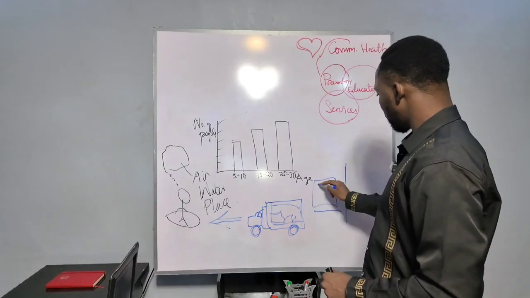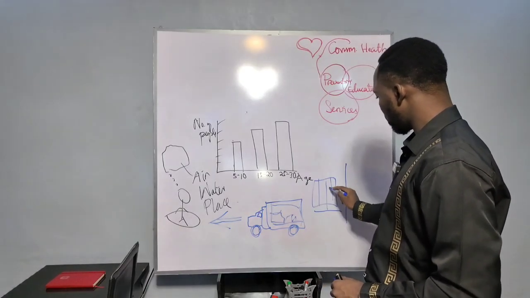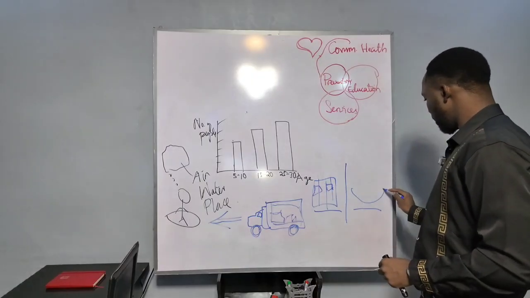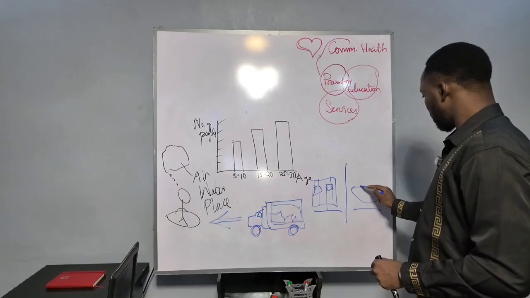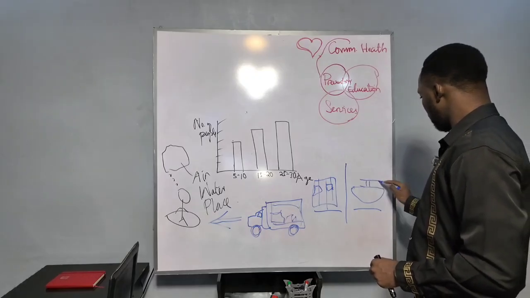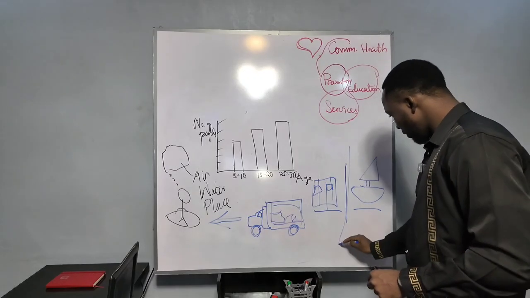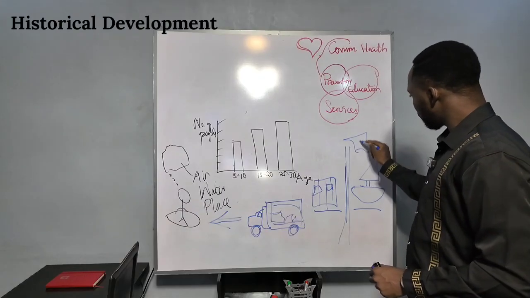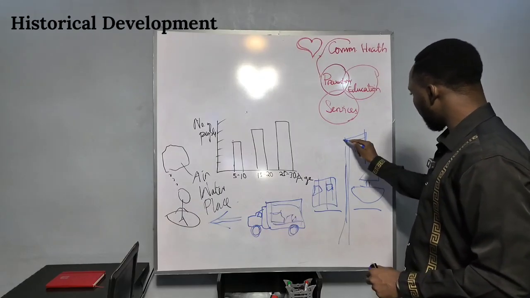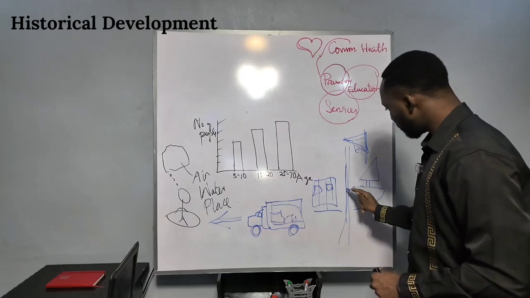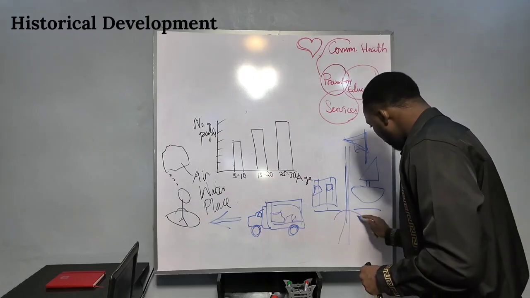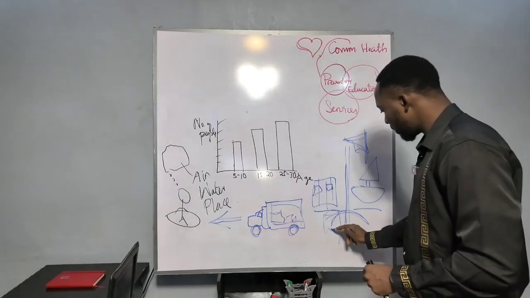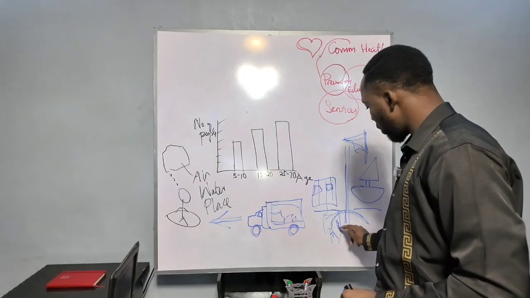cities placing quarantines, and they had, of course, ways of also marking ships that were affected, and there were areas where people with certain sicknesses were placed, and so people were quarantined.